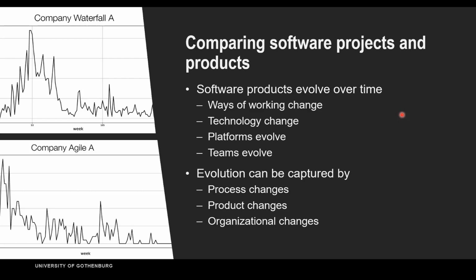The ways of working change, the technology changed, the platforms evolved, the teams evolved, and it's very difficult to capture that evolution because we could do interviews or we could do process analysis, but in the end it's difficult to capture that very objectively.